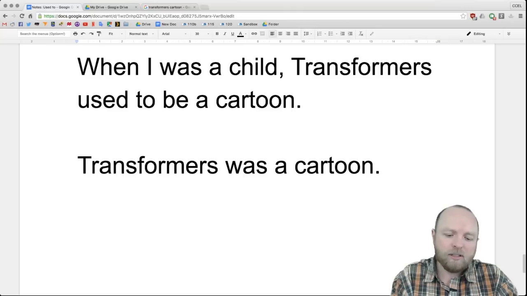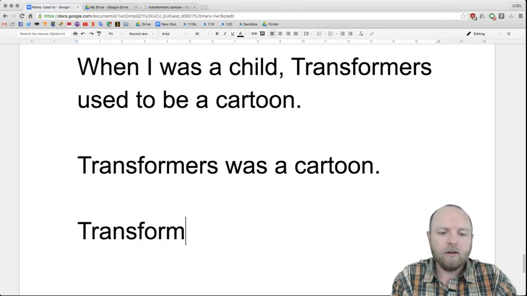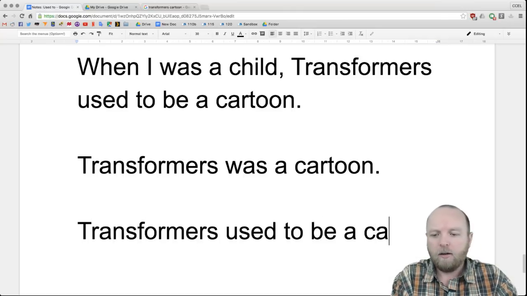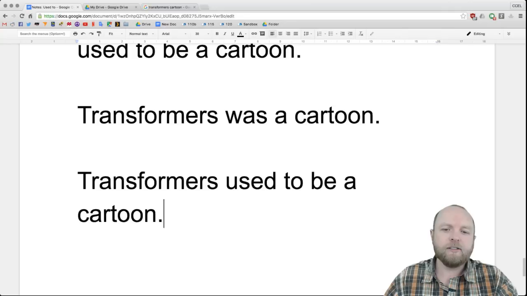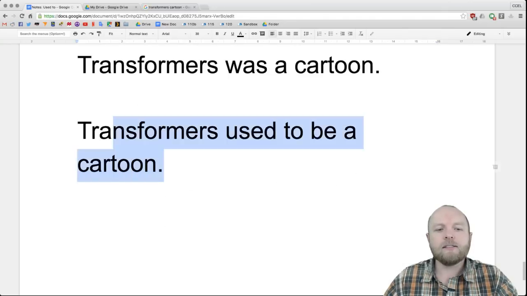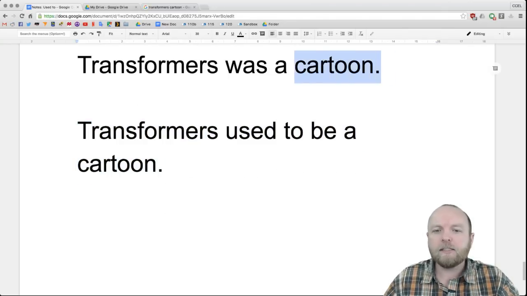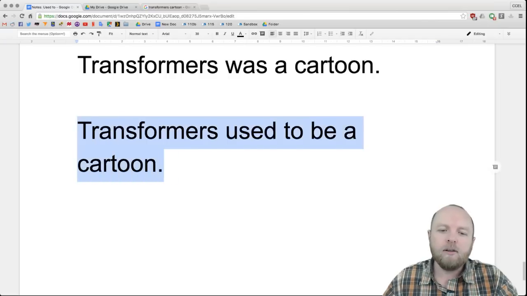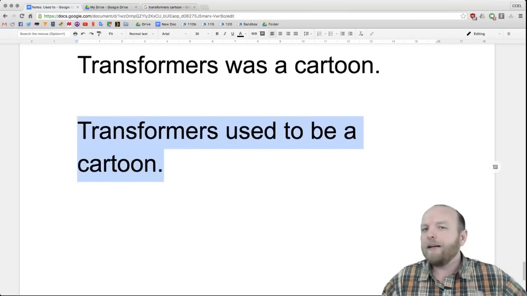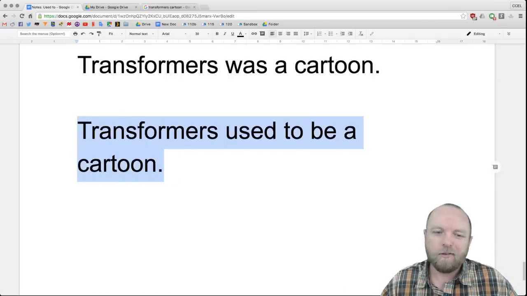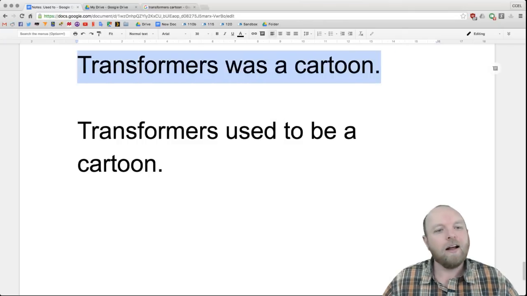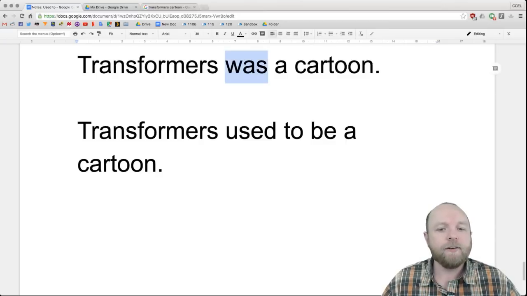Transformers used to be a cartoon. Well, what's the difference? Well, this one means it was a cartoon, but it also means now it isn't a cartoon. This one, maybe now it is a cartoon too, okay? It's different. Understand the difference?